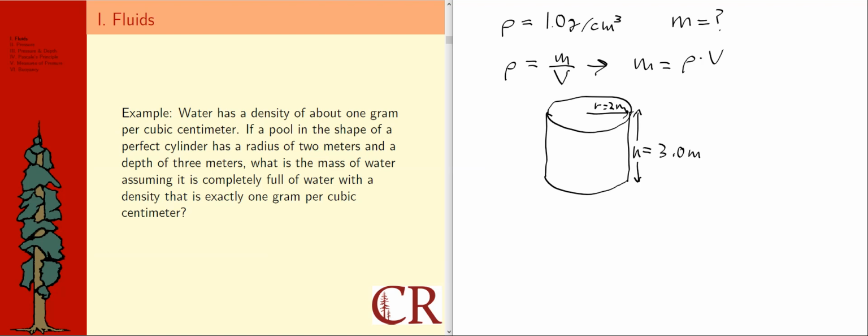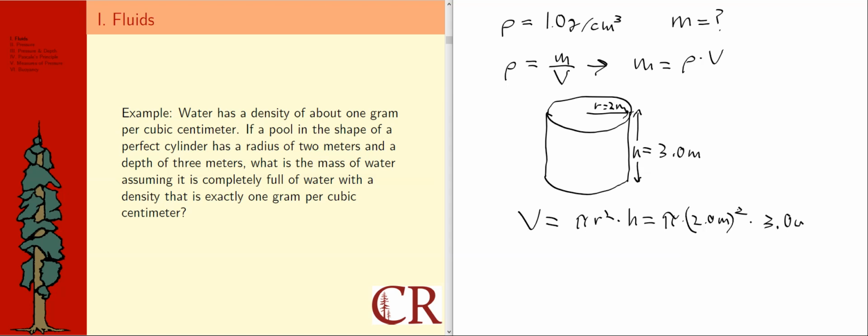The volume of a cylinder is equal to the area of an end cap, so that would be pi r squared times h. With the numbers in my picture, that's 2 meters squared times 3 meters.